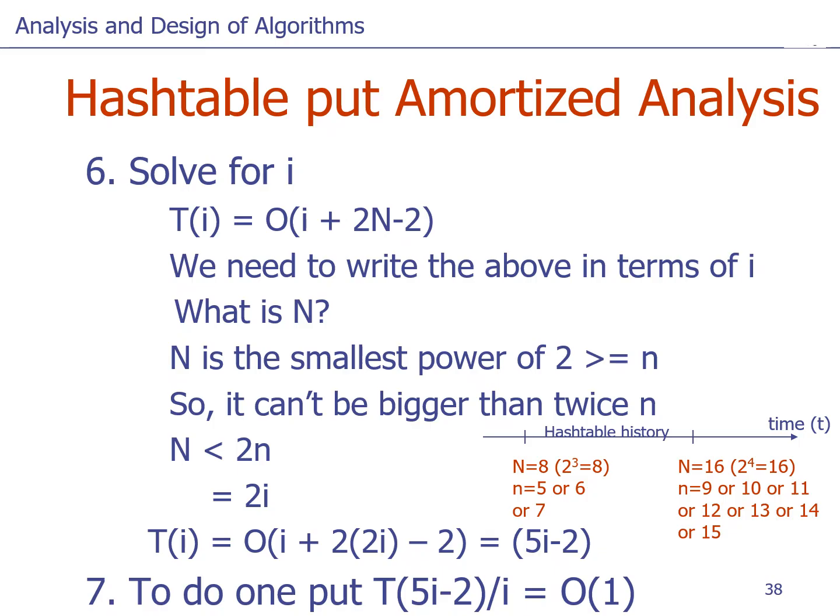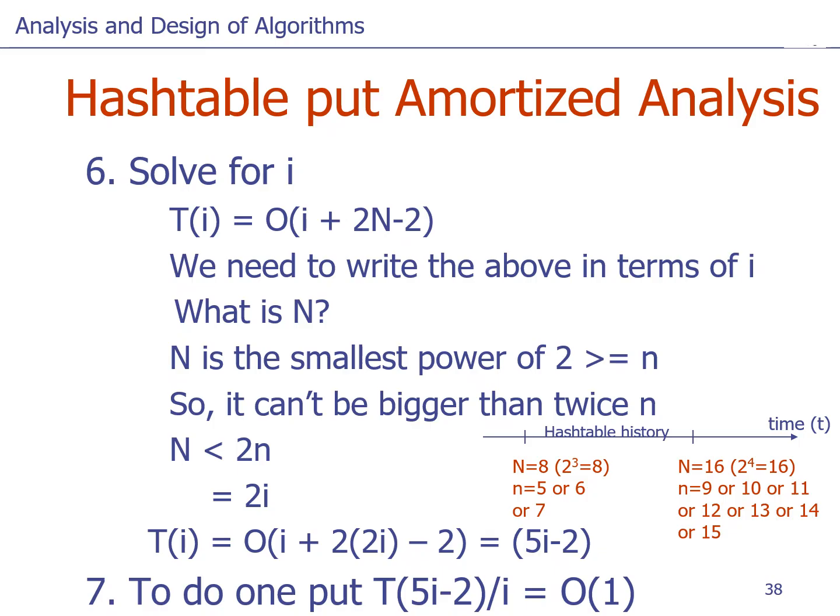Right? Again, think of the example where the big N is 16, so we said the small n has to be either 9 or 10 or 11 or 12 or 13 or 14 or 15, because when we reach 16, we're going to double again the number of buckets, so it's going to be from 9 to 15.